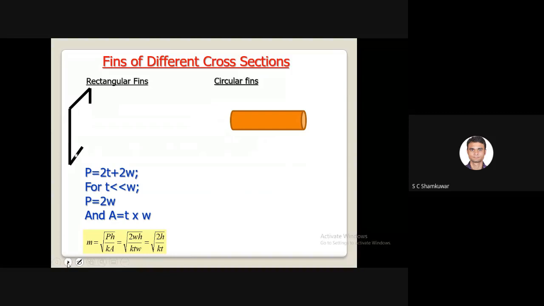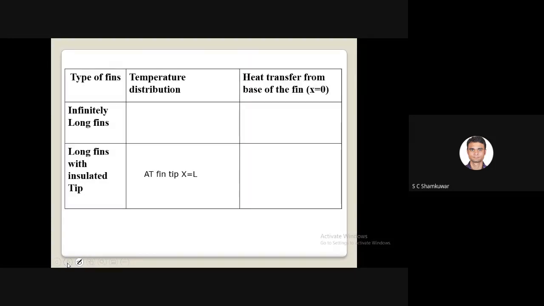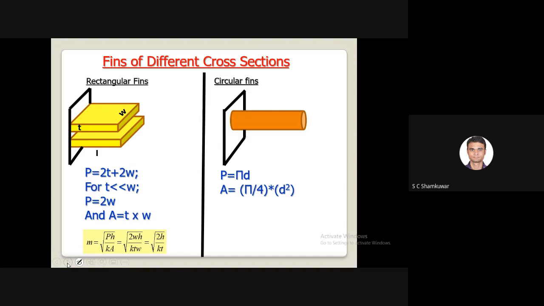So now we may have two types of fins, the rectangular fins and the circular fins. In rectangular fins, you know the perimeter formula: it is 2 into (T plus W).